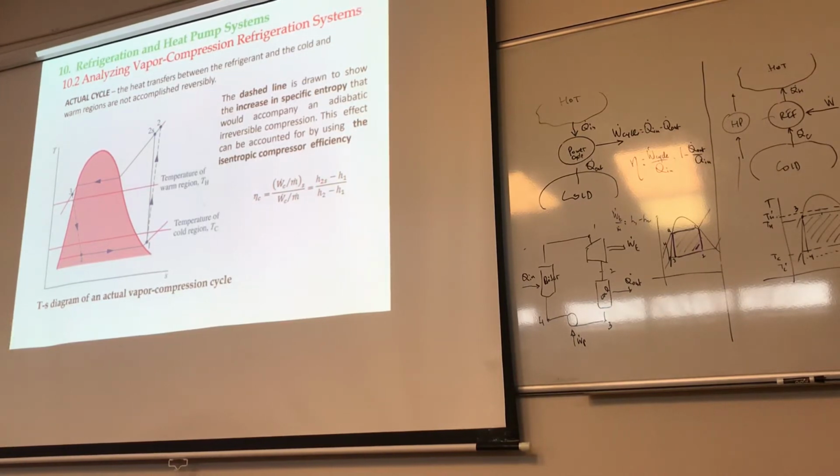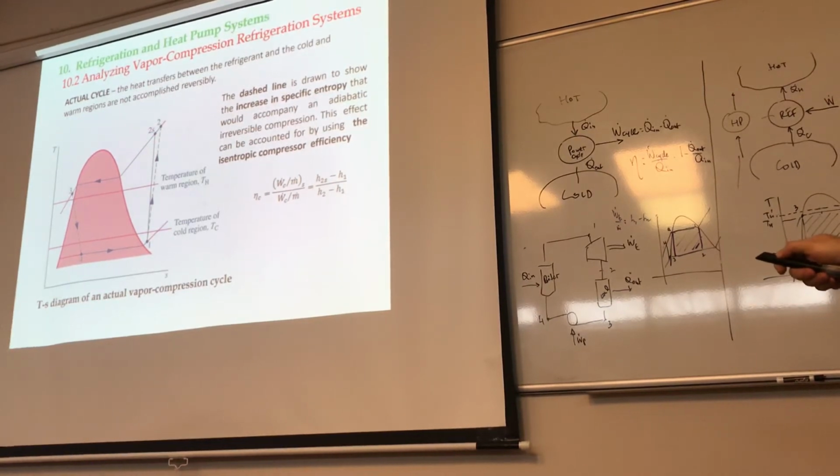It's one extra calculation when you introduce this effect into the analysis. Instead of going from 1 to 2S, as in the previous problem, before we go to 3 we go back and find an actual H2 using this equation, and then we move on.